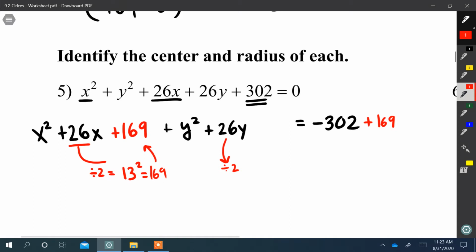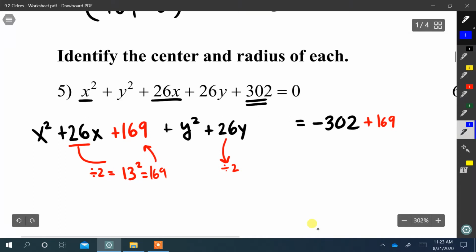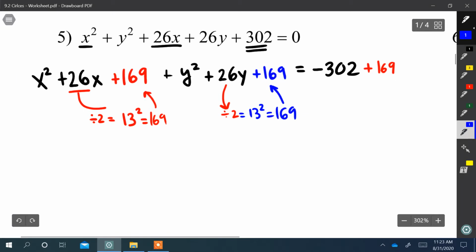I can't take that long to explain it here because then it's going to be too much. So 26 divided by 2 is 13. I square that and I get 169. It's the same thing. And then I have to add 169 as well in here.